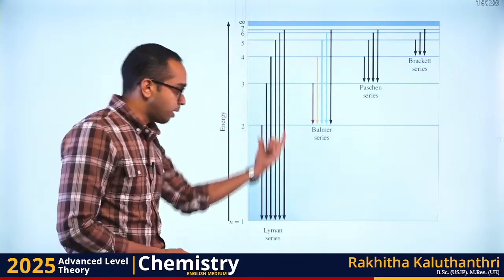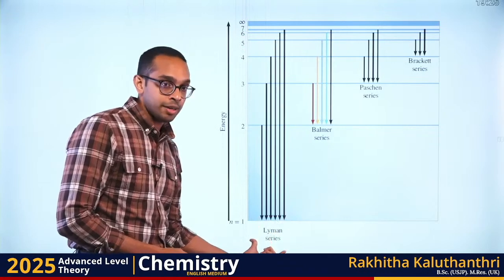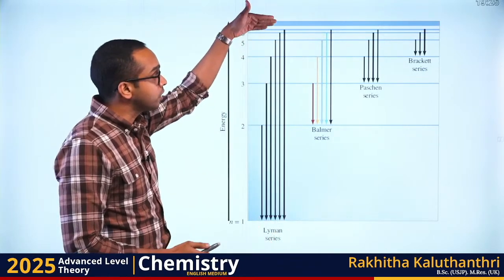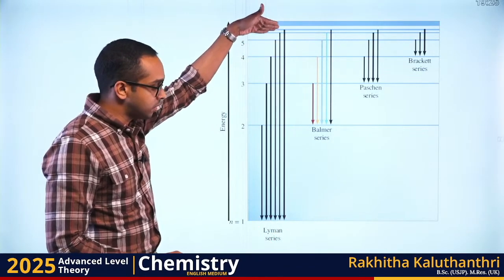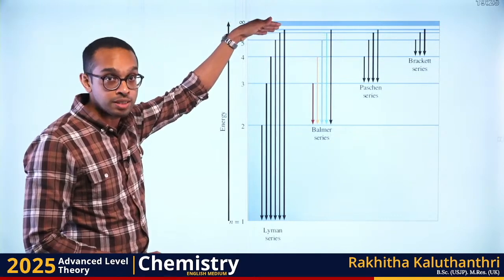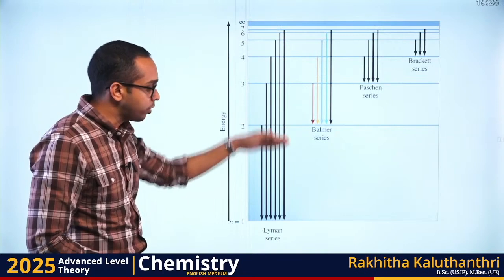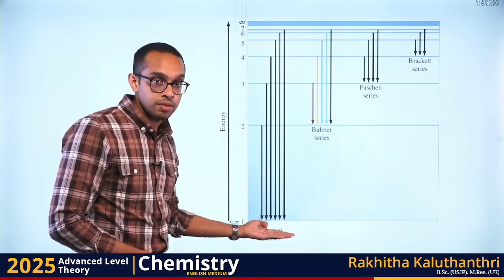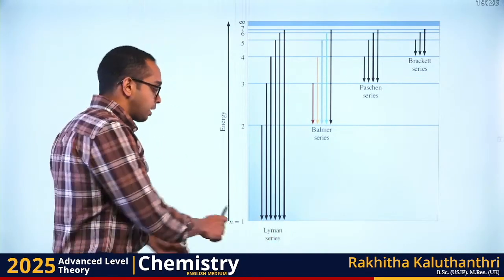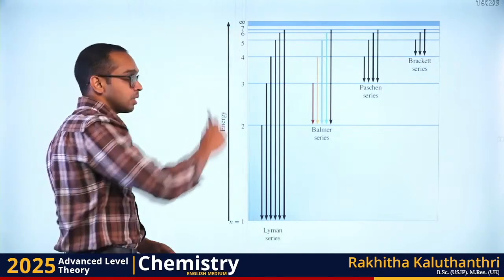In the very first part of our diagram, we can see electrons are falling from higher energy levels. This indicates electrons are transitioning from higher energy levels all the way down to the first energy level. And this axis is talking about energy.